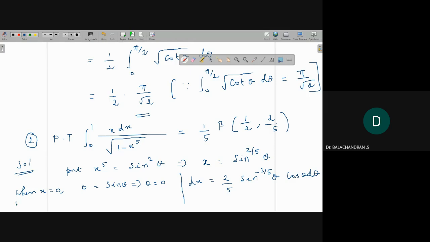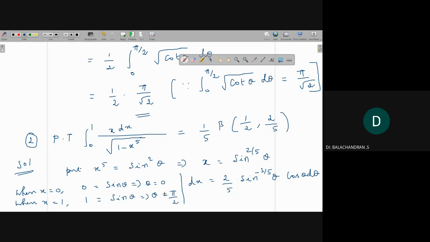Similarly, when x is equal to 1, 1 equals sine theta, so this implies theta equals pi by 2.